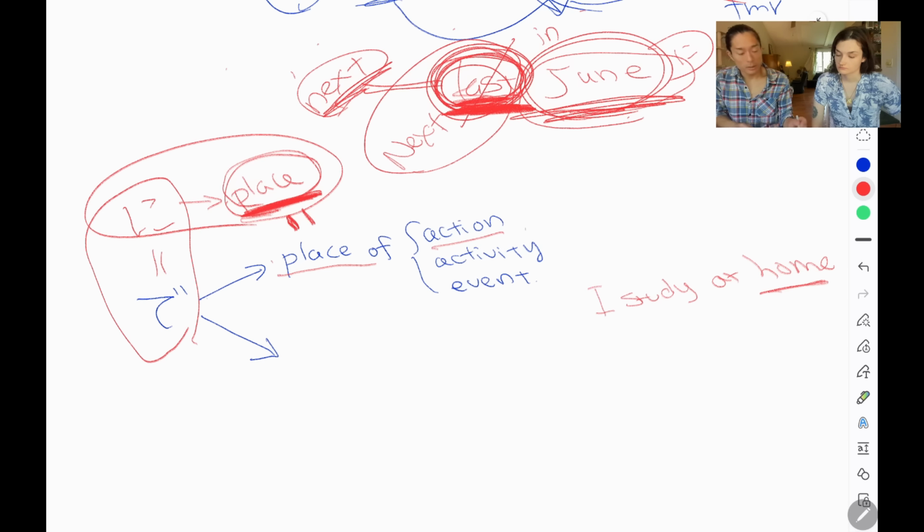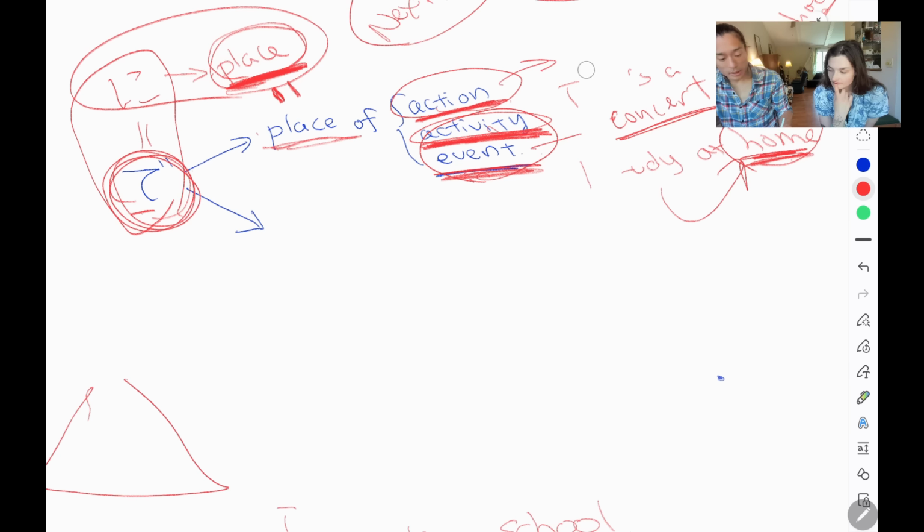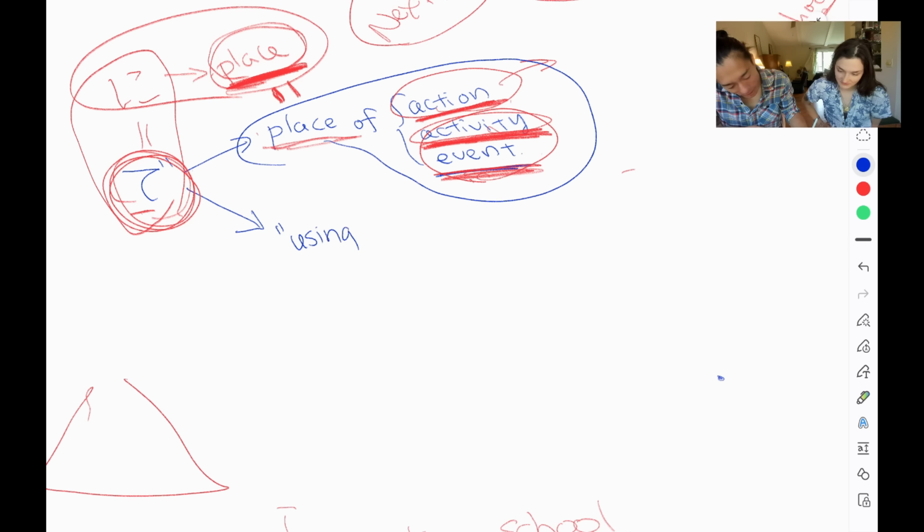This destination, you don't need to do anything at the place. You just reach there and that's it, right? I walk to school, I drive to school. This one, you have to do something at the place. Second function of de. A good way to translate in English is using or, a little bit formally, by means of.